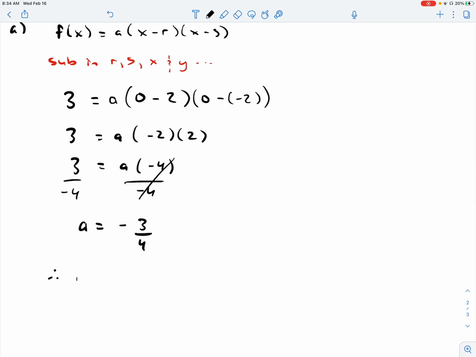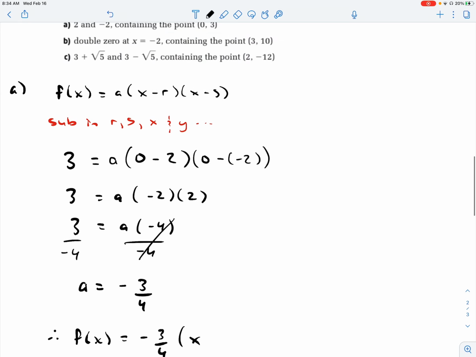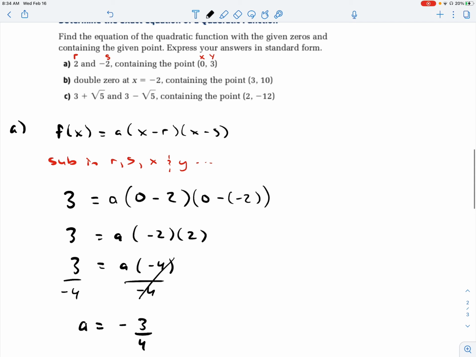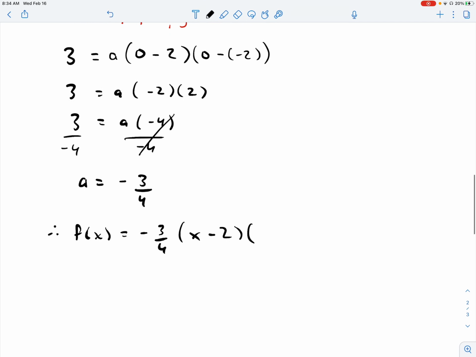Therefore, f of x is going to equal negative 3 over 4, and I'm going to plug my zeros in. So we'll have x minus 2, and then the other one was x minus negative 2, which is actually just going to work out to plus 2. So this is now the exact equation.